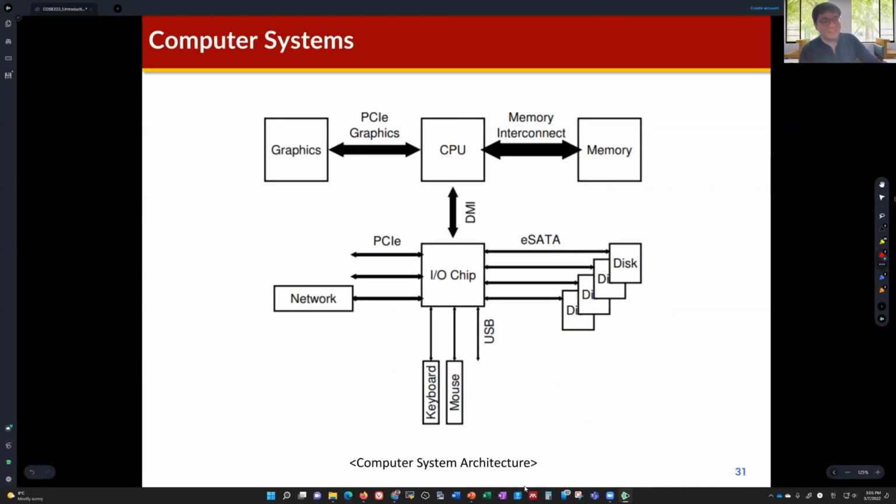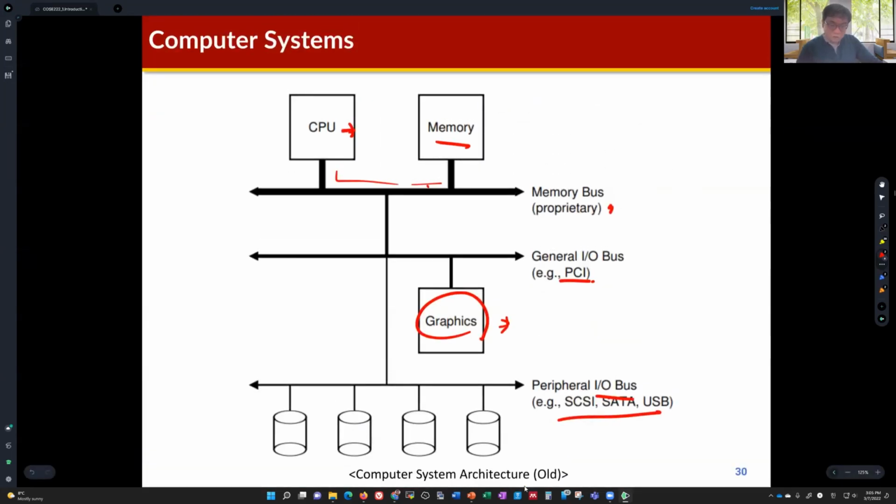But recently, the modern computer system is a little bit different. In the old computer systems, there is a north bridge here and then a south bridge here. The north bridge is another chip on the motherboard, and it manages the data transfers between CPU and memory.